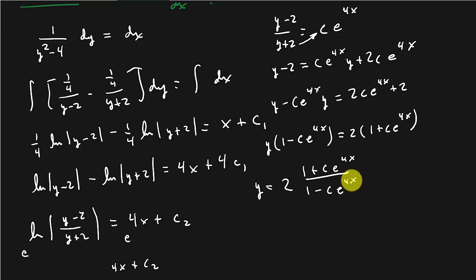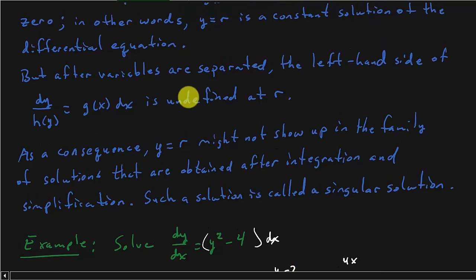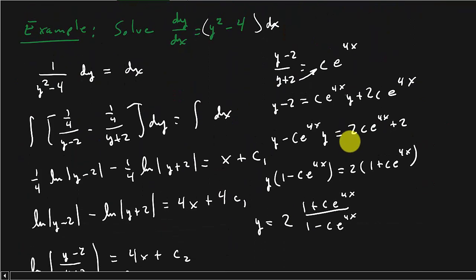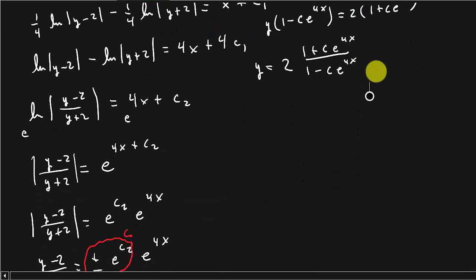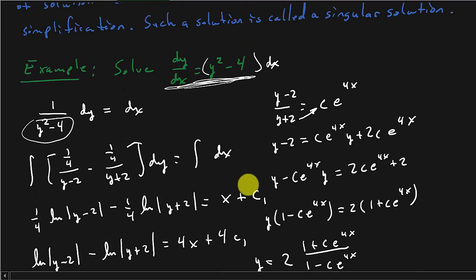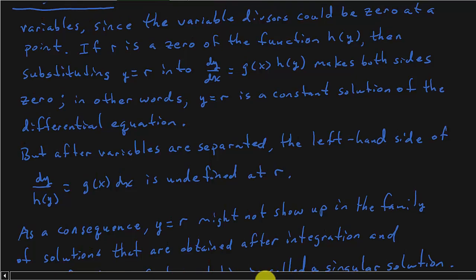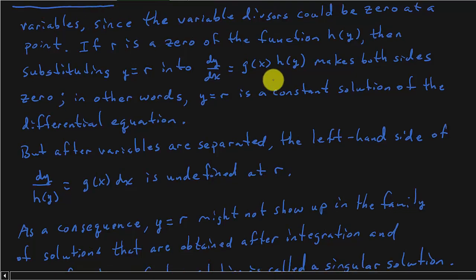So there you have y. Now, let's go up to what we learned up here. Notice how when I divided both sides of this, I got this right here. And notice how this thing is undefined at plus or minus 2. Basically, what we have here is dy dx equals this, where that's 0.